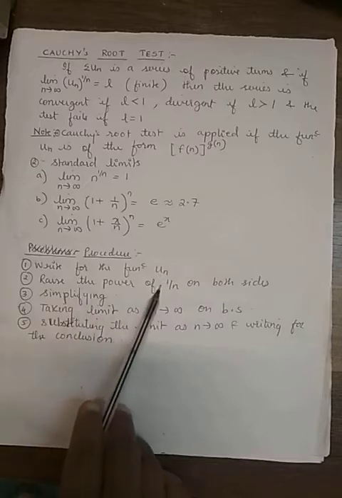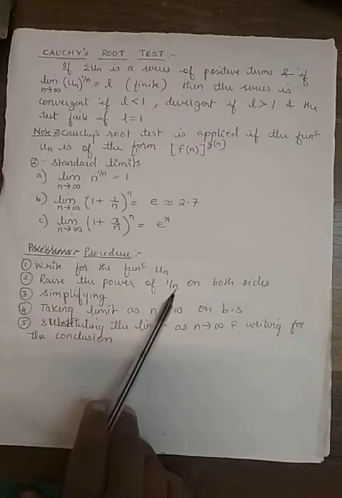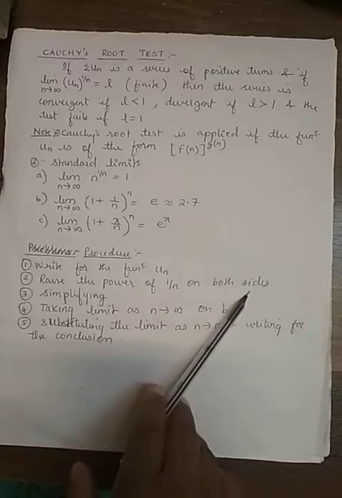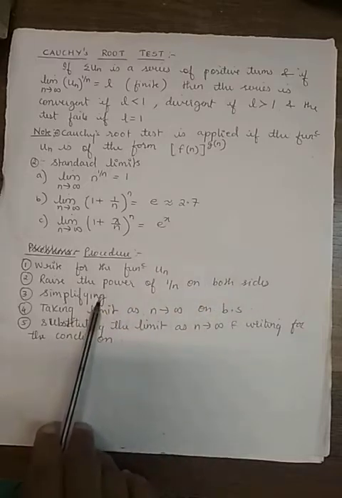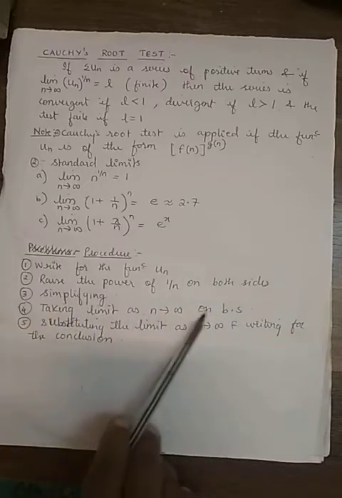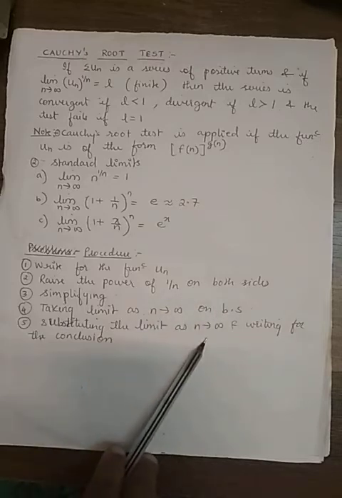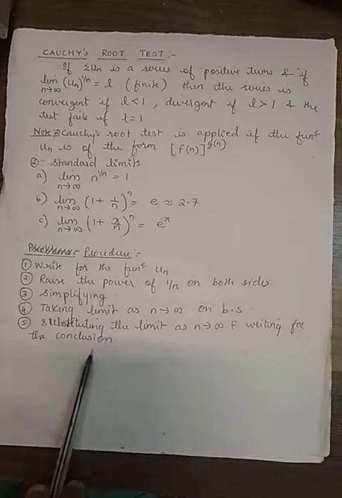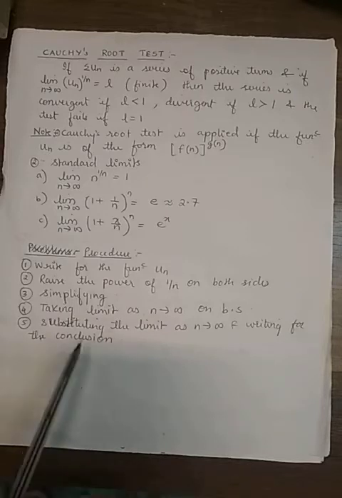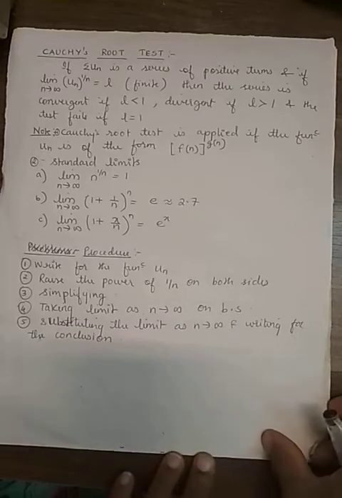Then raise the power of 1 by n on both sides. Simplify the powers, then take limits as n tends to infinity on both sides. Substitute and check which form you are getting, and simplify. Depending upon the answer, you come to the conclusion. So this is the procedure for Cauchy's root test.